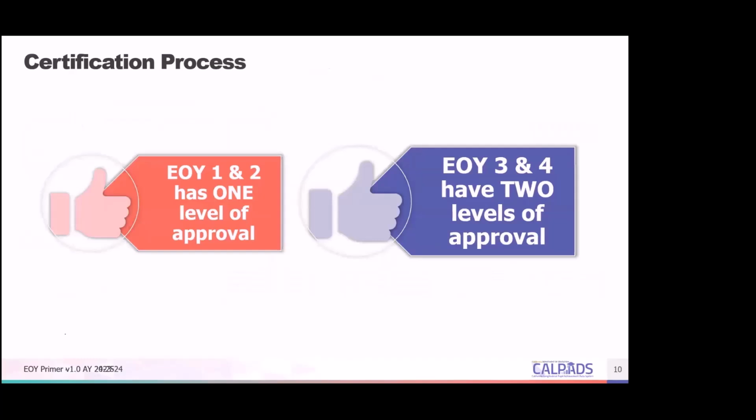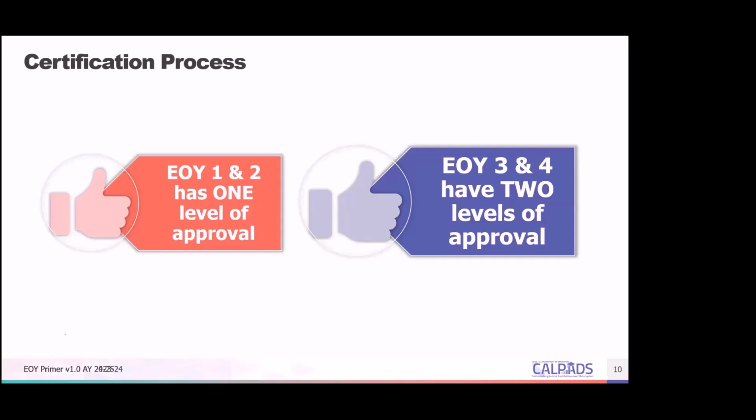I did mention it on the timeline slide, so let's go ahead and take a slide just to ensure that we make the point here that there are two levels of approval that are required for different end of year submissions in order to certify. End of year 1 and end of year 2 only require LEA approval in order to certify. And so for end of year 1 and end of year 2, LEA approval equals certification.